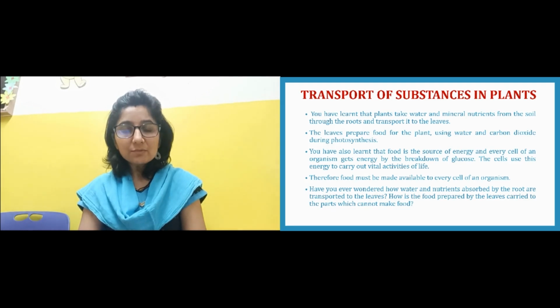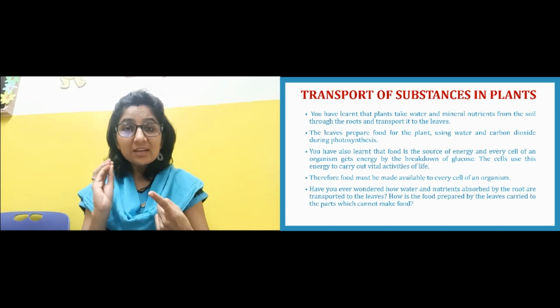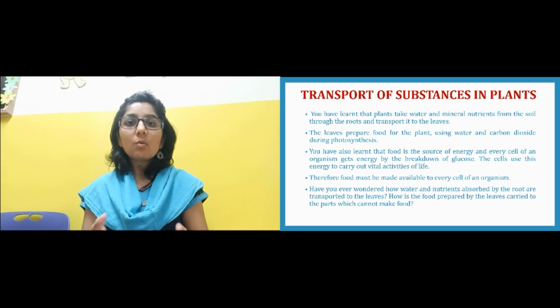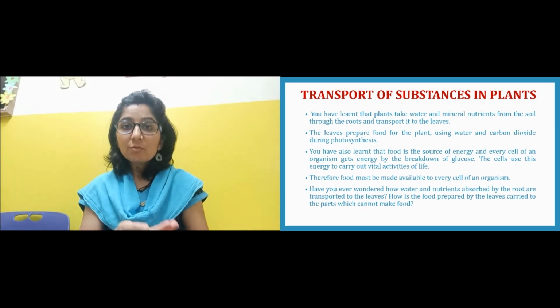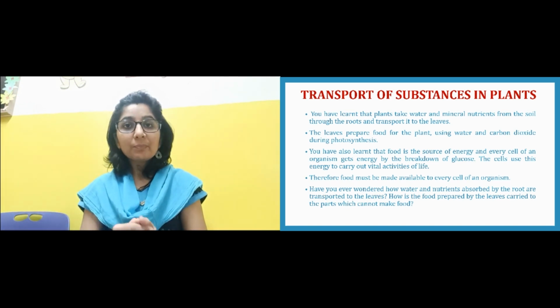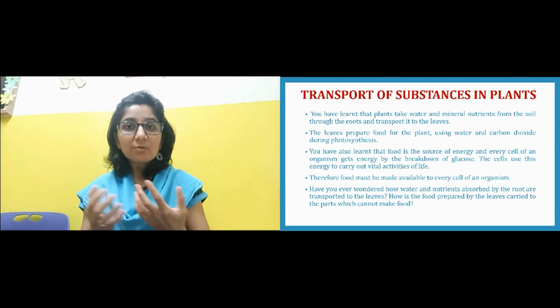So in the plants, which substances have to be transported? We have learned that plants need water and mineral nutrients. The plants take the water and mineral nutrients from the soil through the roots, and of course that will be transported to the leaves. At the same time, the leaves produce food with the help of photosynthesis, and this food has to be transported to each and every cell of the plant, because every cell is performing some function.